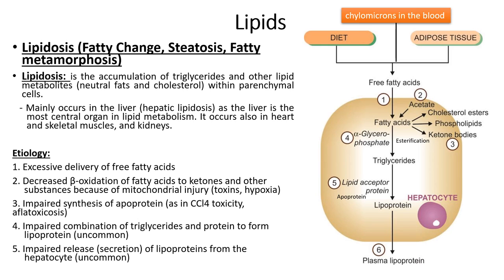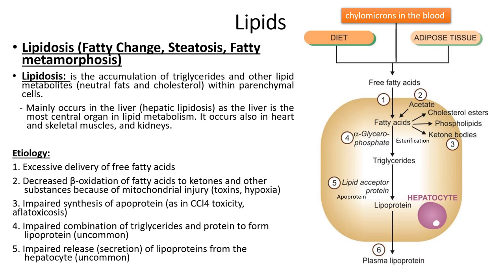The end result would be free fatty acids in the circulation, and the free fatty acids go to the liver, and then the liver also has another source of generation of free fatty acids, and this is through conversion of acetate into fatty acids.